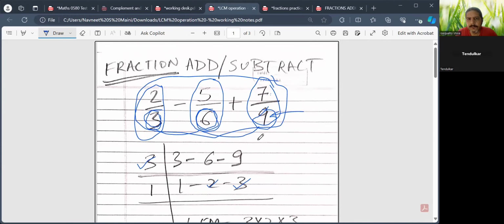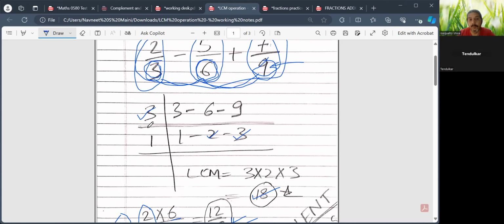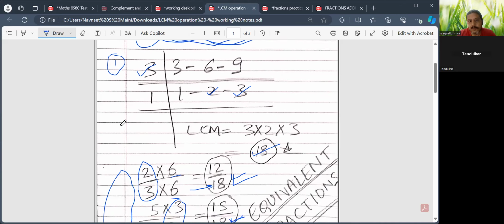A very simple way is that whatever numbers, whatever fractions, whatever terms are given to you, look at their denominators, then take the LCM of the denominators, and that is how you solve any problem in the methodology. The first step is to take the LCM of the denominators.